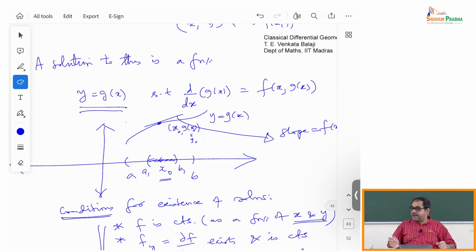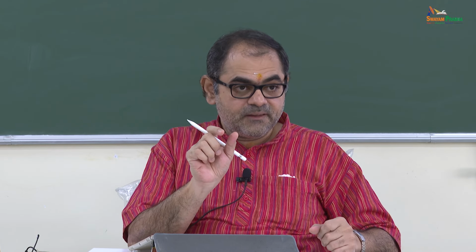It's called a local solution, and it's called local because you are solving it about the point x0, okay. If you change the point, you will again get a solution, but that will also be valid only on a local interval, okay. When you solve a differential equation, you can only solve it locally around a point. There is no guarantee that you will get a solution over a whole interval, okay.